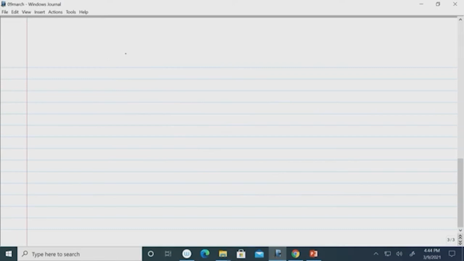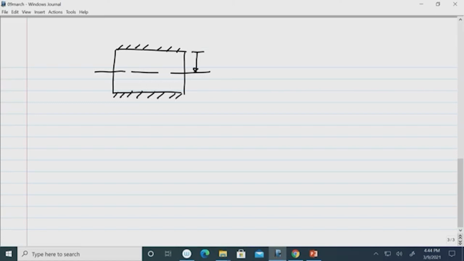Since the plate was clamped along the two other edges, this is a clamped condition, this is also clamped, at a by 2 and a by 2, and this is simply supported. And this length I am also taking as a, because it is a square plate.